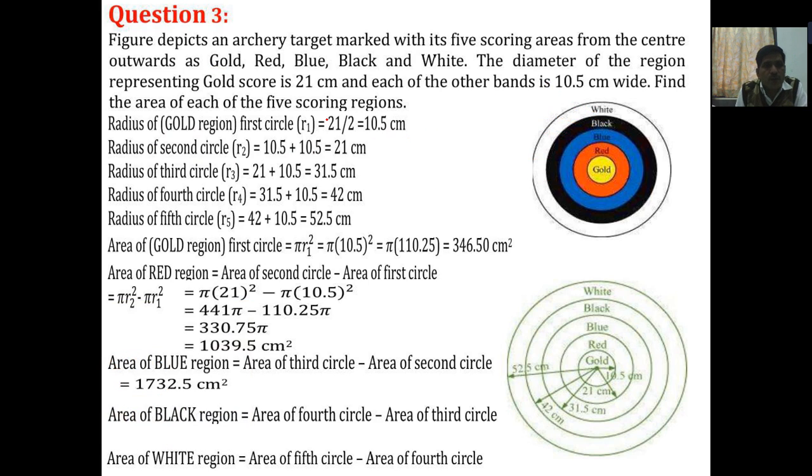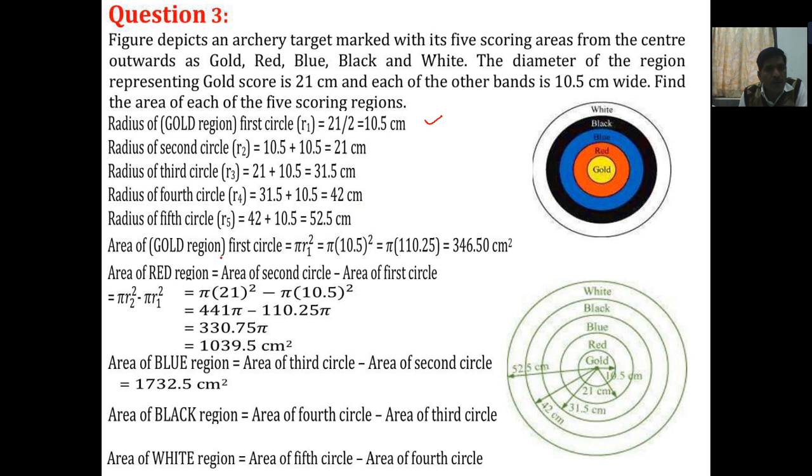So first I have to find out the radius of gold, afterward radius of the second circle, that is red, afterward the third, that is R3. That is first 10.5, second 21, third 31.5, fourth 42, fifth 52.5.